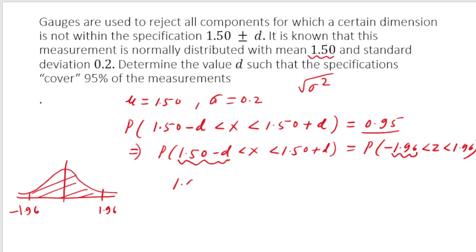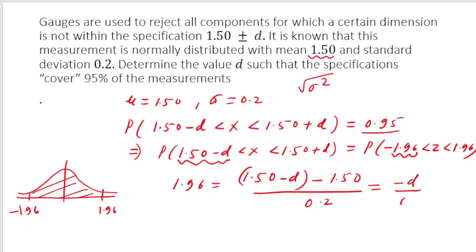So if this is the value of x, what is the value of z? The value of z will be 1.50 minus d minus mu, that is 1.50, divided by sigma. Sigma is 0.2, so this is basically minus d by 0.2.